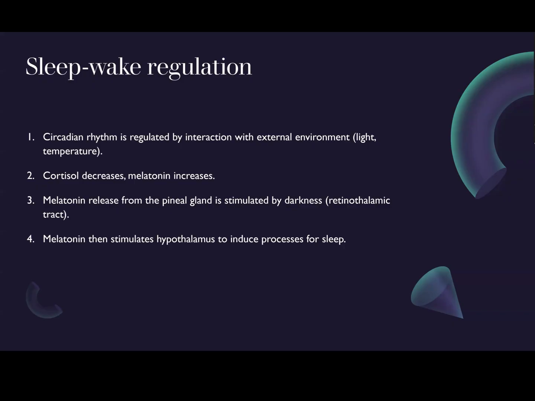Light also reduces the release of melatonin, and darkness is what stimulates it. Melatonin release also occurs when cortisol decreases. So at night, there's a temporal relationship between cortisol and melatonin, which is sent out from the adrenal glands. Cortisol down, melatonin up. In the morning, melatonin down, cortisol up.